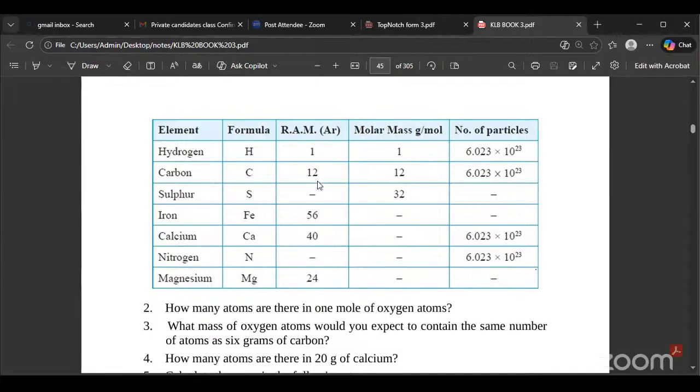Now there is a place I talked about molar mass and RM. I want you to see something. Now 112. What do you think is the RM of sulfur? What is the molar mass of hydrogen? 112. What is the RM of hydrogen? 112. What do you think is the RM of sulfur?